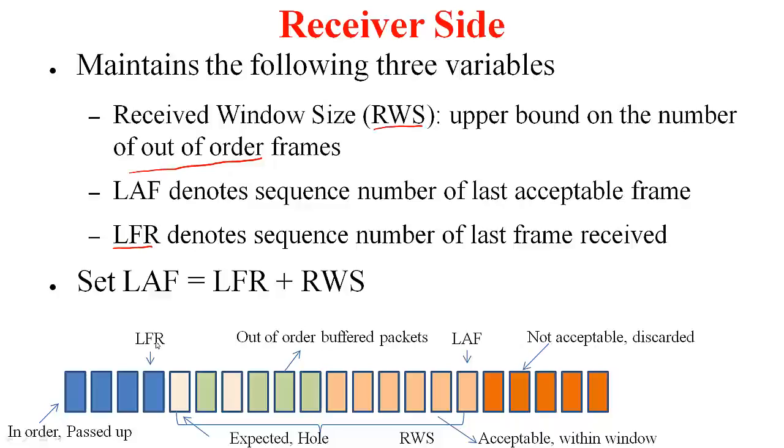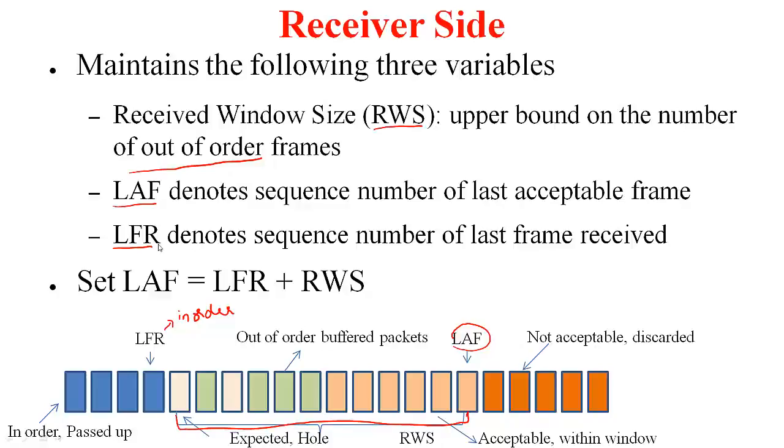So it has received this last frame in order. After this, it could receive out of order packets because some packets may have gotten lost. So it could receive some other out of order packets. And LAF refers to the last acceptable frame. In other words, it is ready to accept any frame that is within this RWS window.